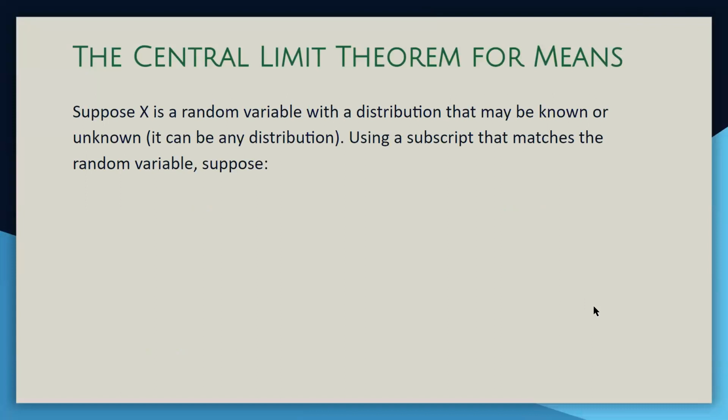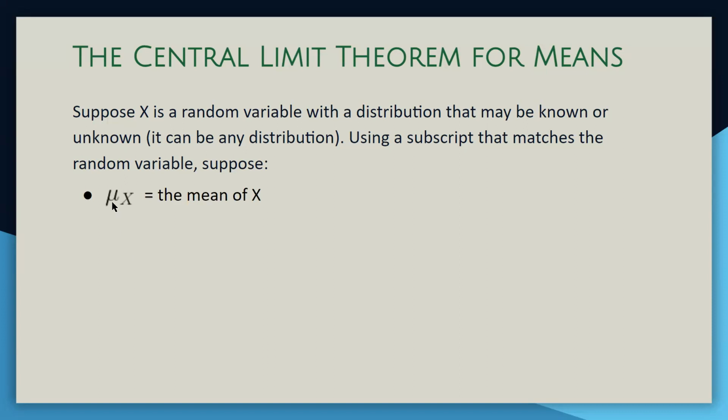So we're going to suppose that X is a random variable with a distribution that we don't know. So X is a collection of raw data, and we don't know what that distribution looks like. We're going to use the subscript X to identify properties or summary statistics that belong to this data.